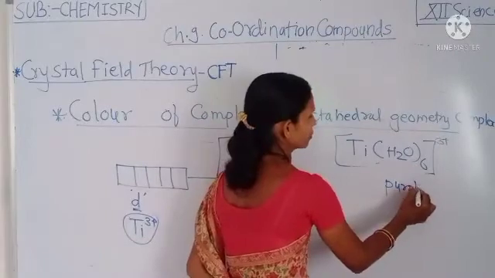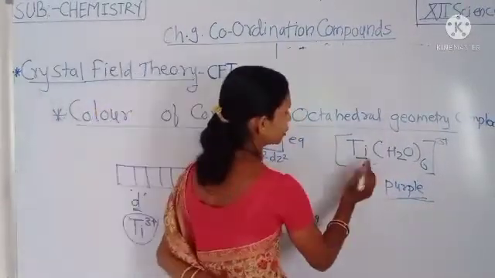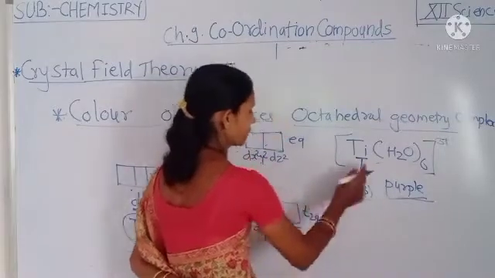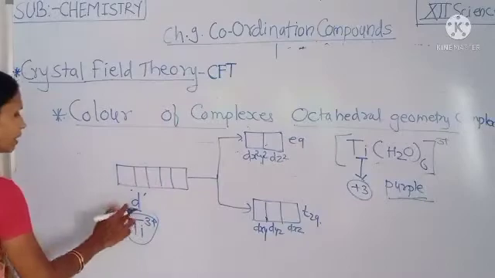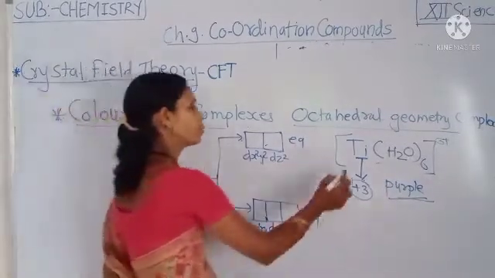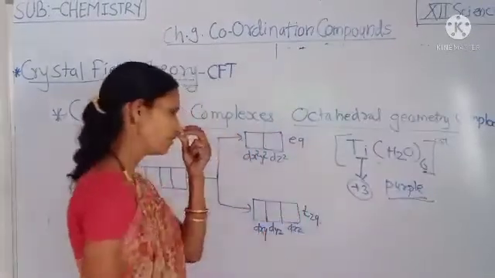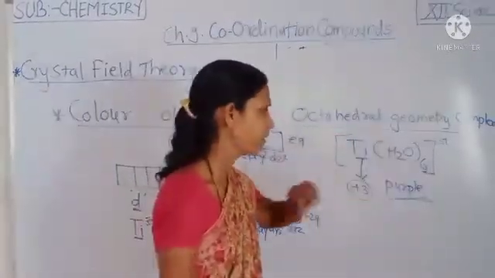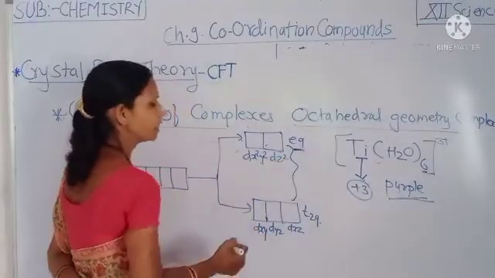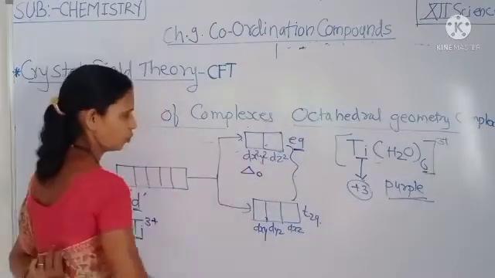In this complex, the oxidation state of titanium is +3, that means the central metal ion is Ti3+, and the coordination number is 6. Therefore, it has octahedral geometry. The energy difference between these two sets is denoted by delta O.